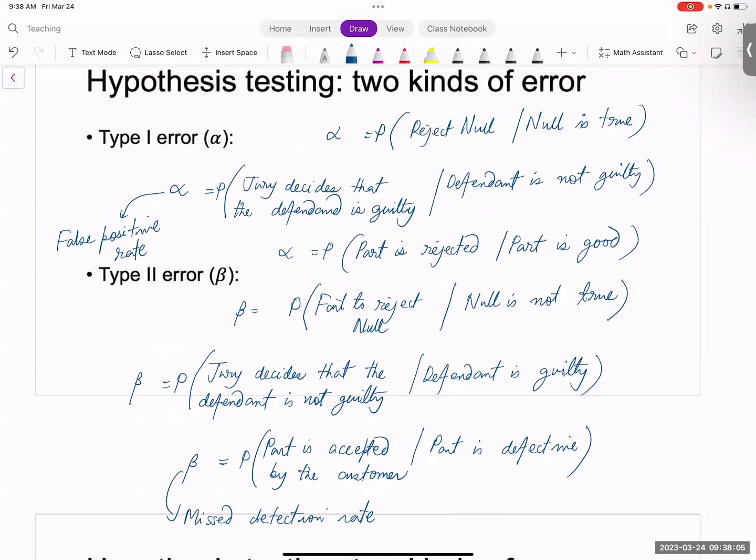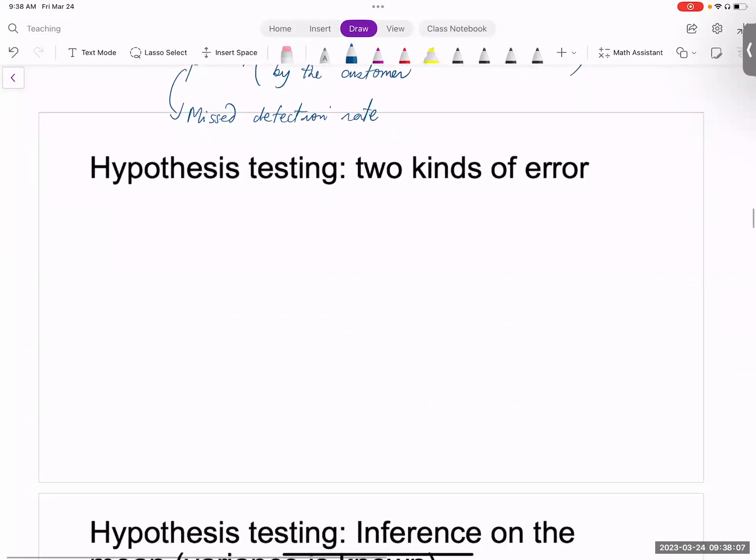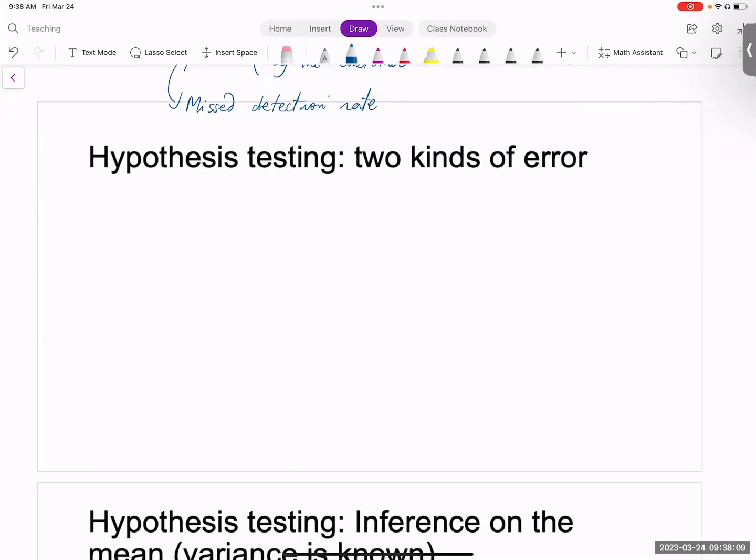Okay. Now, there's a nice little way in which you can organize your type 1 and type 2 errors. I'm going to use a similar example. Let's say in quality control context, H0 is part not faulty. You can organize type 1 and type 2 errors in this table.